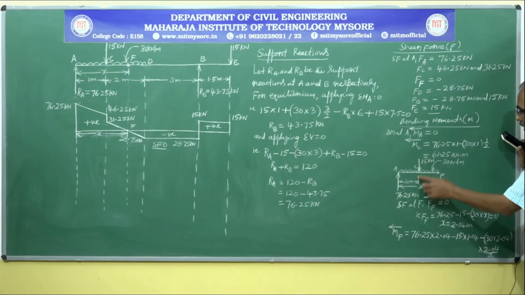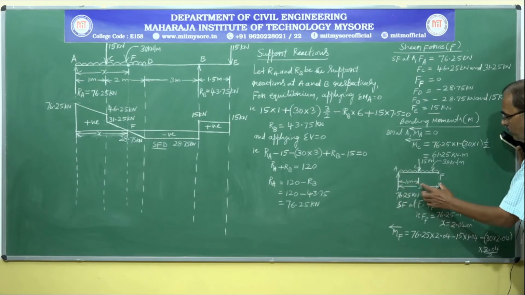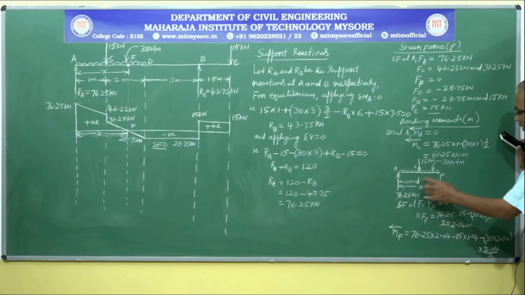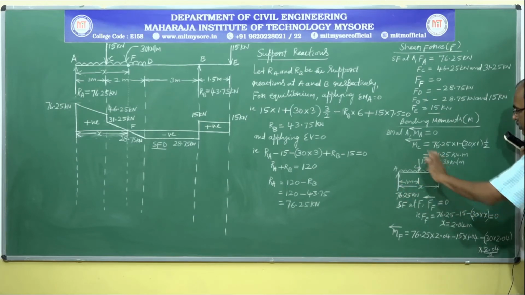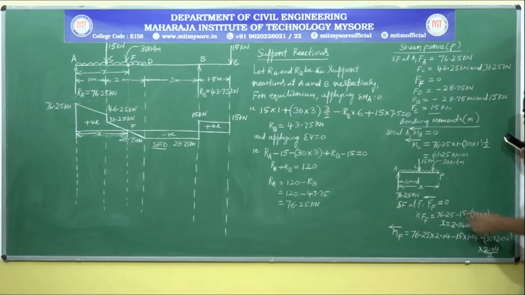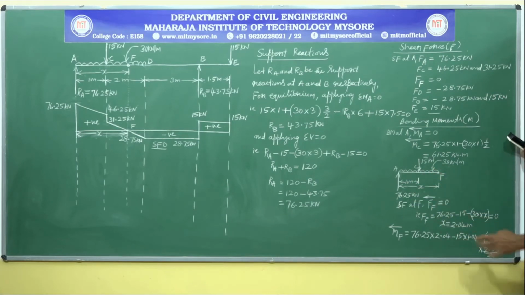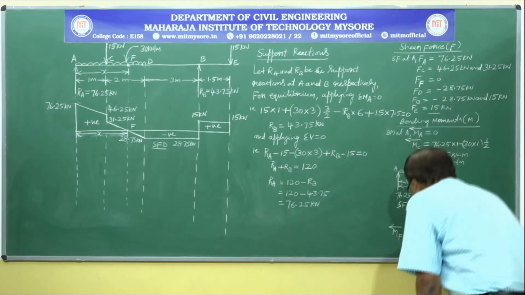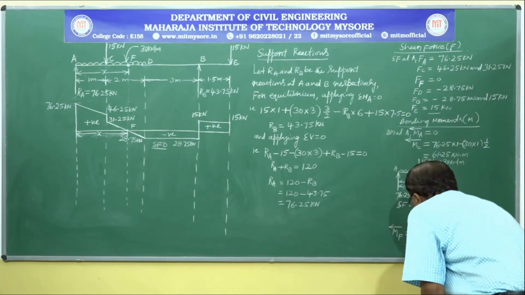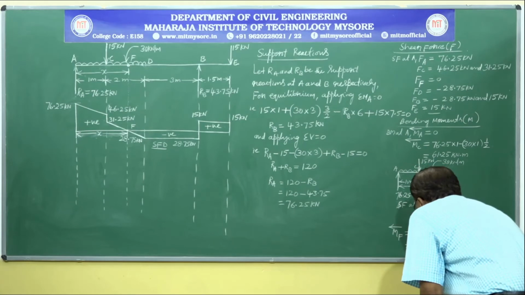Positive, minus 15 into 1.04, that is 2.04 minus 1, it is equal to 1.04. Then minus this UDL 30 into 2.04 point load, and this point load is acting at midspan of this, 2.04 by 2. Solving this, you will get 77.53 kilonewton meter.